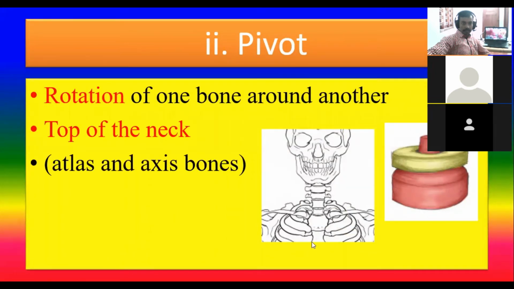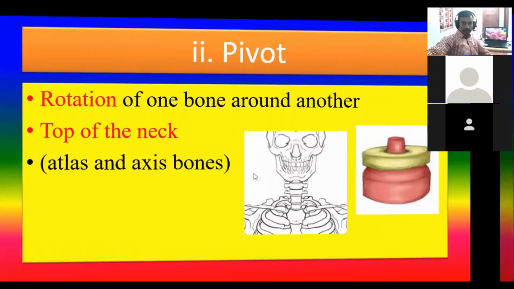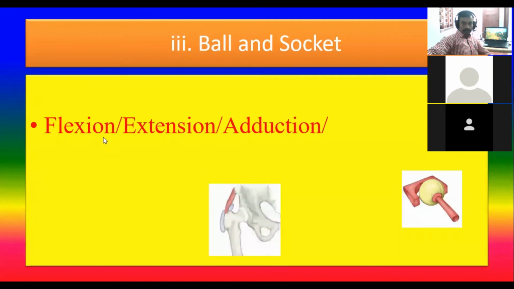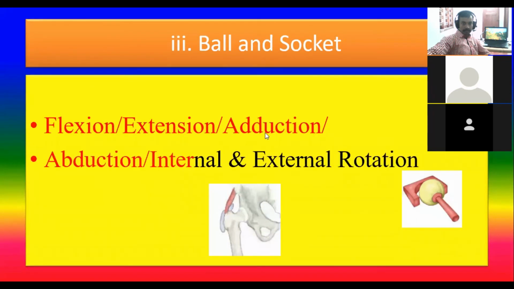Example, the top of the neck, atlas and axis. Then ball and socket joint, as we can see in the picture: hip joint, with flexion, extension, adduction, abduction, internal and external rotations. So these movements are possible with a ball and socket joint. Examples are the hip and shoulder.